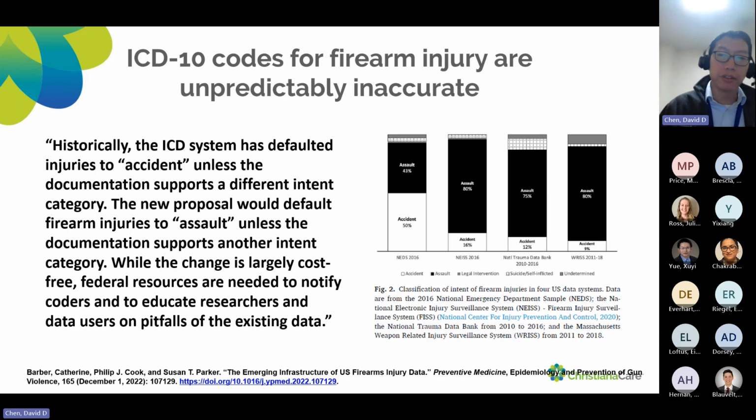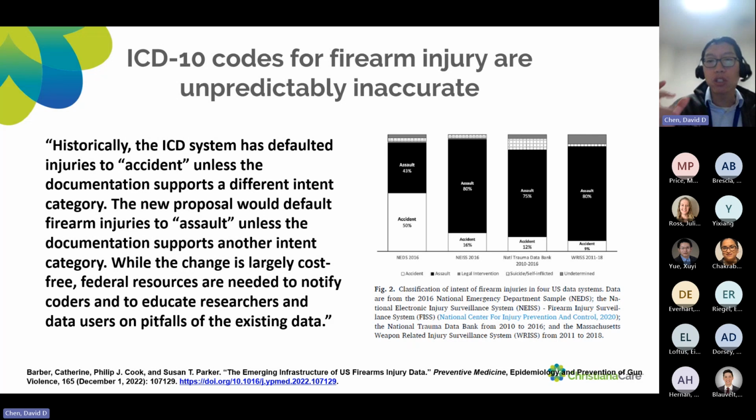In national databases such as the National Trauma Data Bank, or some of these other validated ones where they have trained coders and abstractors going through these charts, you see the general reporting of firearm injuries in the US at approximately 75 to 80% assault related, of all gunshot injury types. If you just look at ED data though, such as the NEDS database, the leftmost bar there, it's more ambiguous, right?